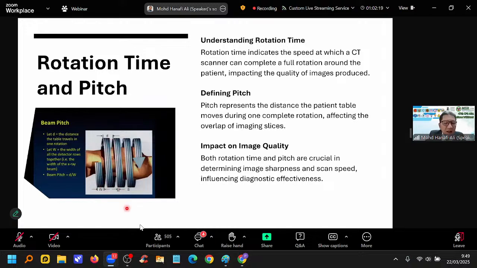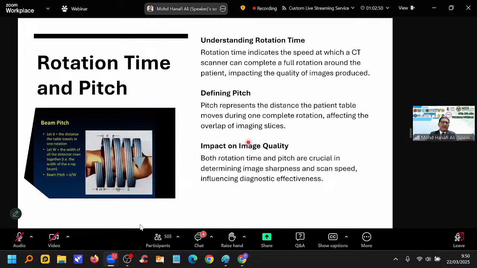So we have another one here, I can't see actually, S, one detector collimation size. Okay. With that, we can define that pitch is the table travel over the collimation. Okay, W is the whole collimation size.